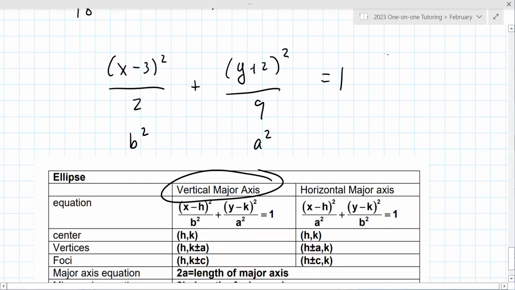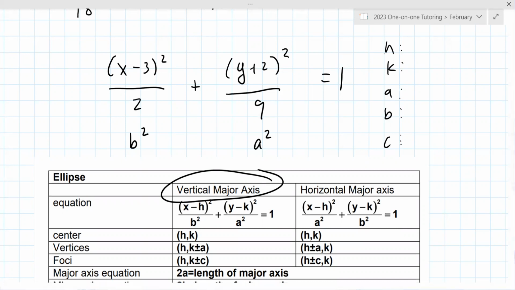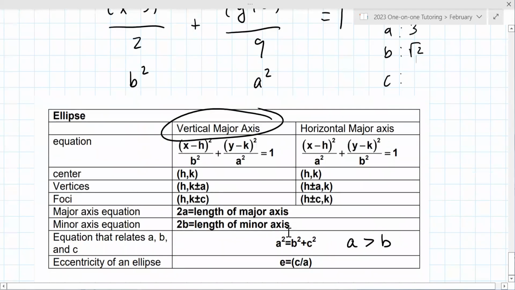Okay, so just like before, we've got to do H, K, A, B, and C. It's the same thing over and over again. So give me H and K here. H is 3, K is -2. Good. A is 3, and B is square root of 2. Good. Now what's different is that you've got a different relationship between A squared, B squared, C squared.